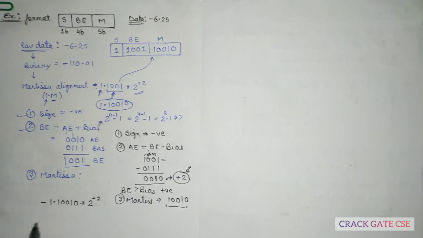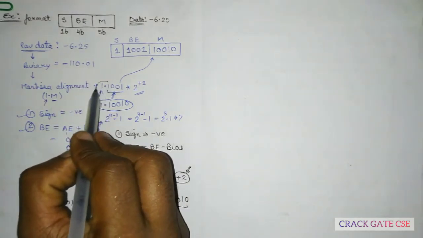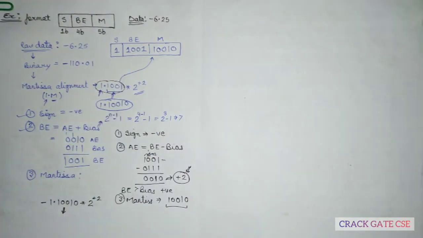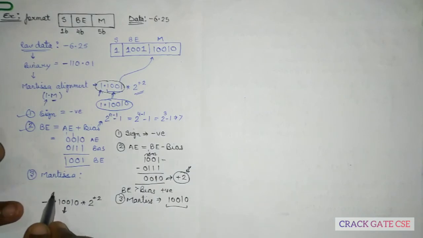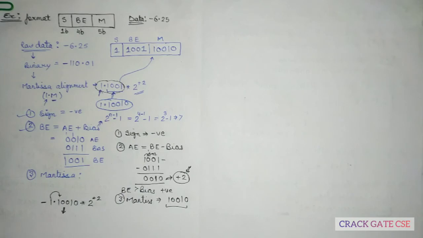Now we have to denormalize it. What is the meaning of denormalizing? We normalized it to make sure it is in this particular format. To denormalize it, we have to make sure that the decimal point is in the rightmost place. So we will shift this 1 to the right-hand side.